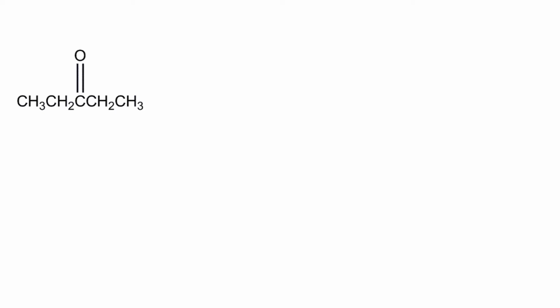Okay. We are going to talk about how to name using IUPAC conventions and how to name using common naming systems, and we're going to start with IUPAC. In IUPAC, you are going to number your chain, giving the carbonyl the lowest number possible, and no matter which way I count, that carbonyl is going to be in position number 3.